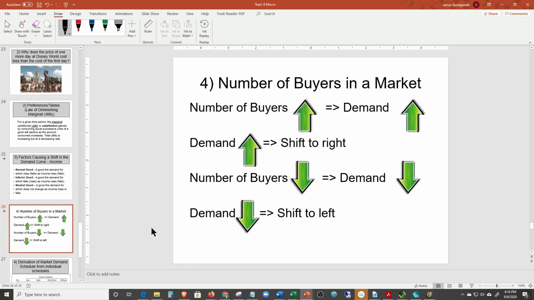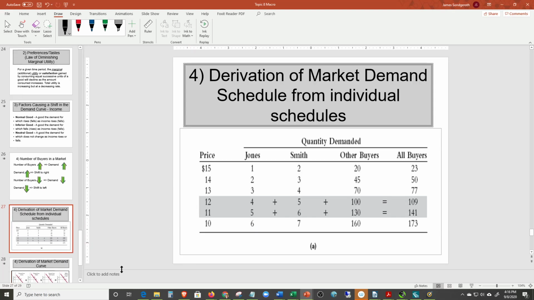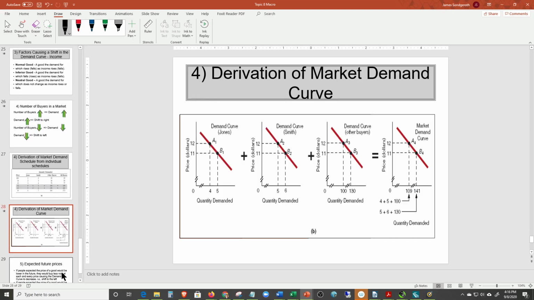Number of buyers, pretty straightforward. And here's the population. So for the market demand curve, we just add up the demand of different people in the market. The more people you add, the more the quantity will be, and if you subtract people from the market, the less it will be.